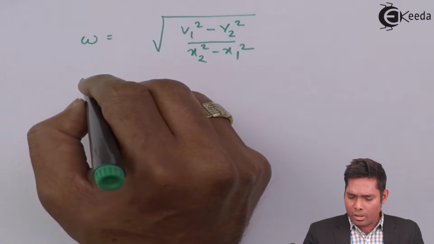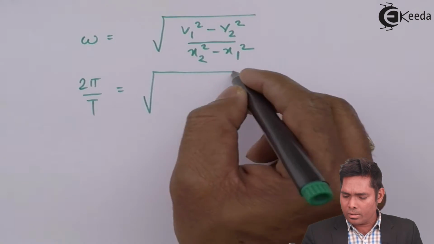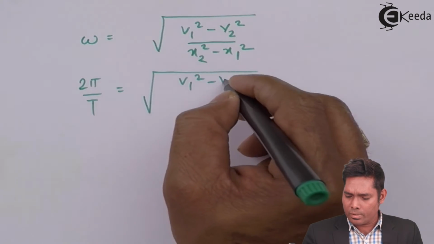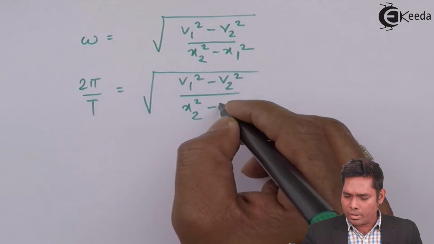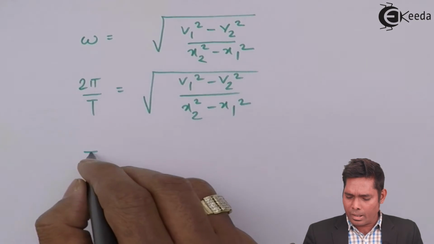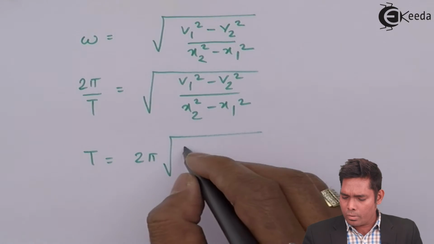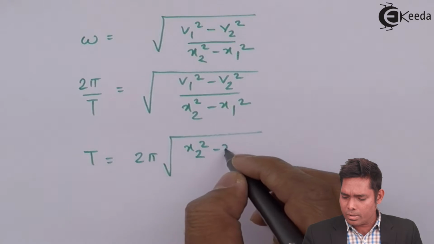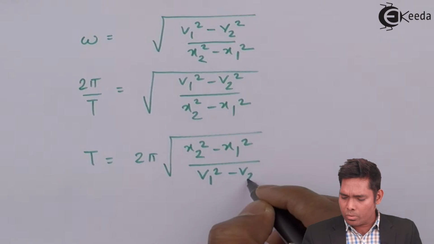Omega is 2 pi over T. So 2 pi over T is the square root of v1 square minus v2 square divided by x2 square minus x1 square. So from here I'll get T equals 2 pi under root of x2 square minus x1 square divided by v1 square minus v2 square.